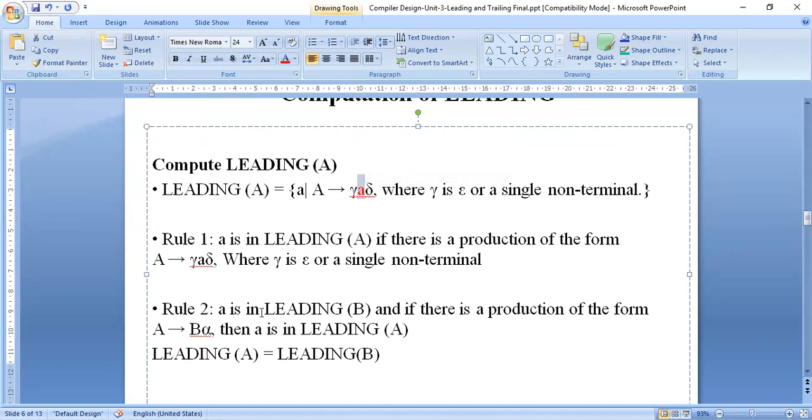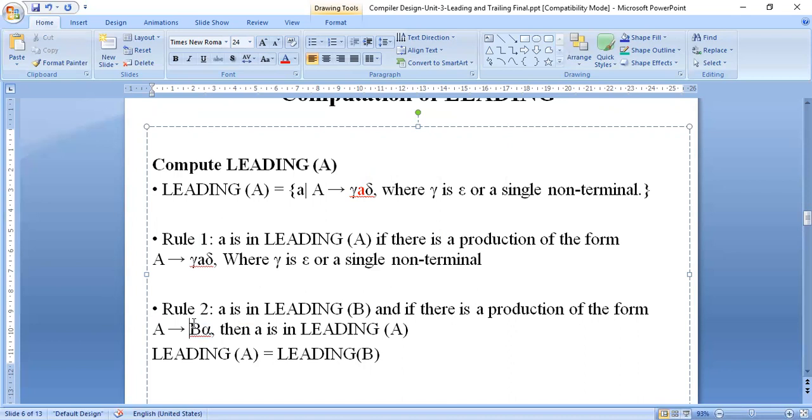When you take up rule 2, if this is the production rule, and the production rule is of the form capital B alpha. In rule 1, we are tracing out the first terminal symbol for leading. In rule 2, we take the first non-terminal symbol.